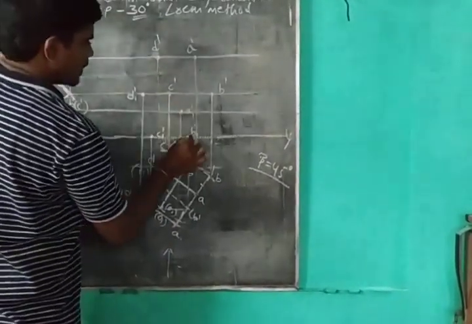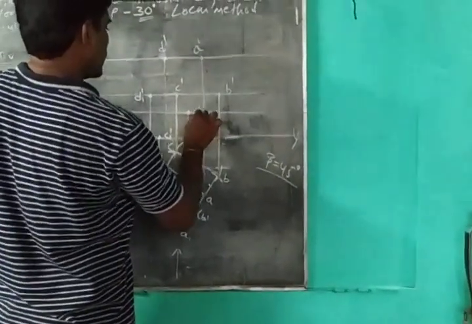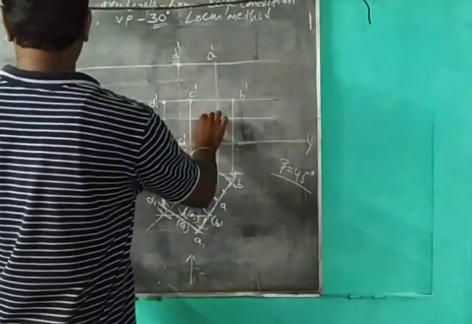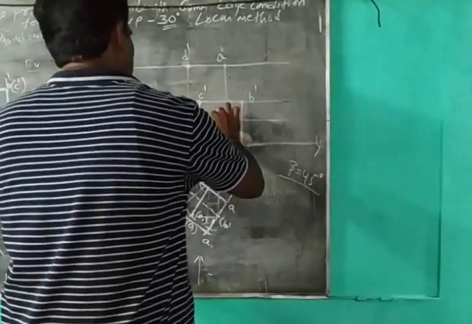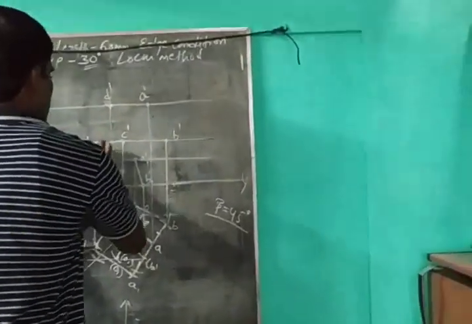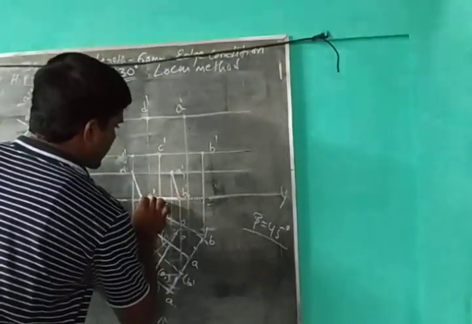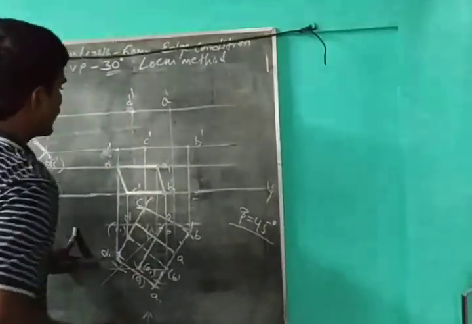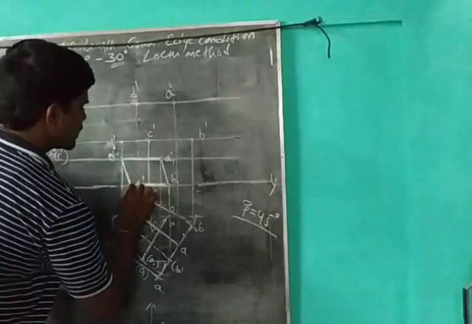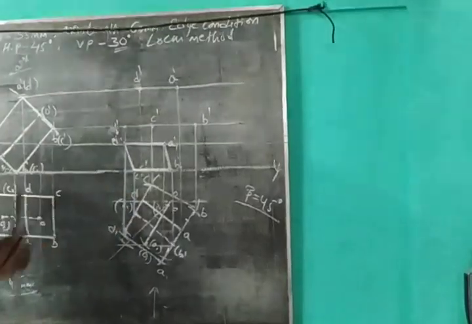First you join A to B, and join D. D1 dash, A1 dash, B1 dash and C1 dash. You got this view. Bottom face is visible.